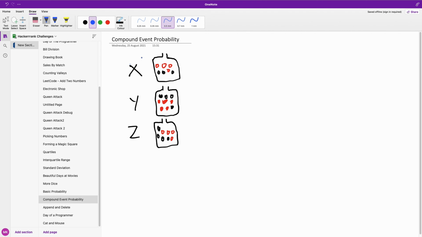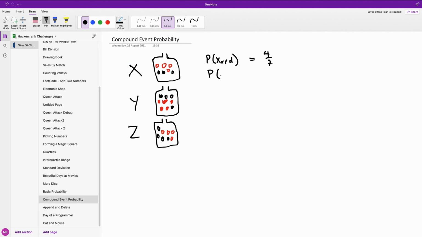So the probability that one ball is red is the probability that a red ball is drawn from here, or here, or here. I'm going to say the probability that a red ball is drawn from X, let's call it P(X red), is going to give us 4/7, right?